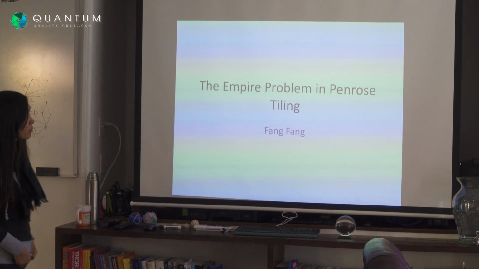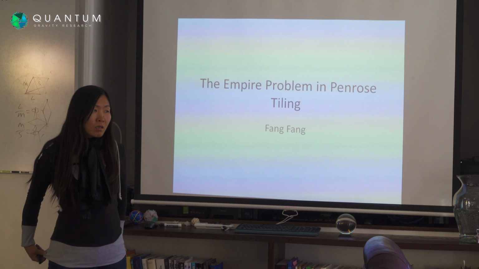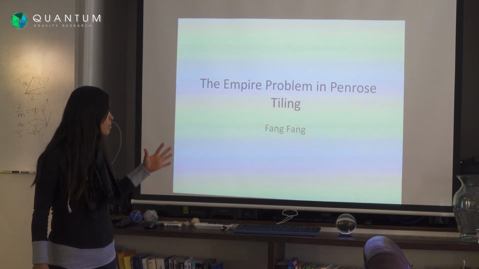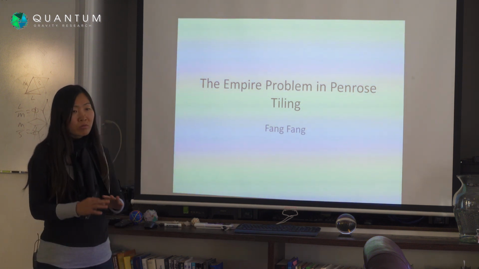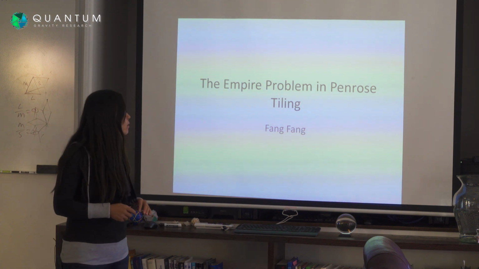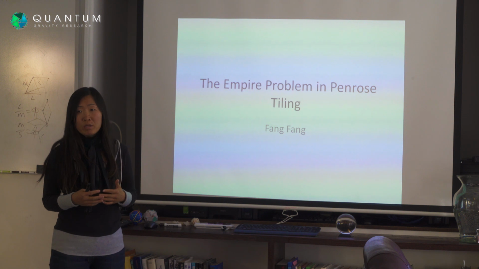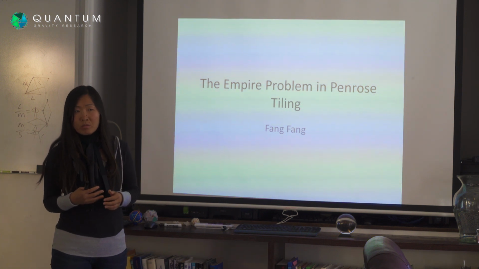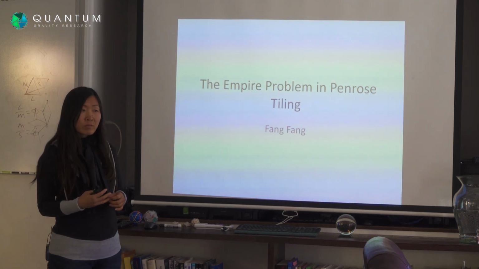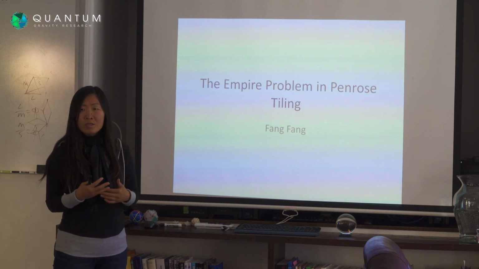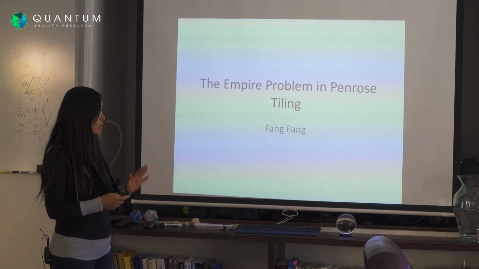So the empire problem in Penrose Tiling, I think Erin already knows this part, and I don't know about everybody else, but this is the part that I think we needed to know more because we will be using it later, or at least using this kind of concept if it's not exactly the same thing.